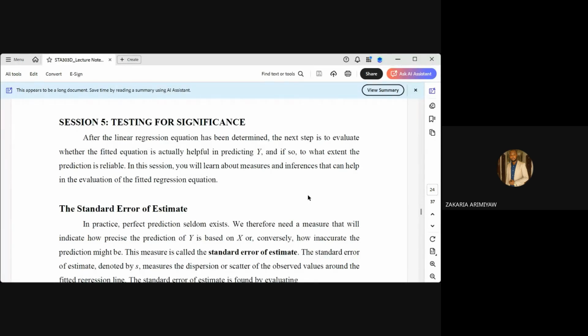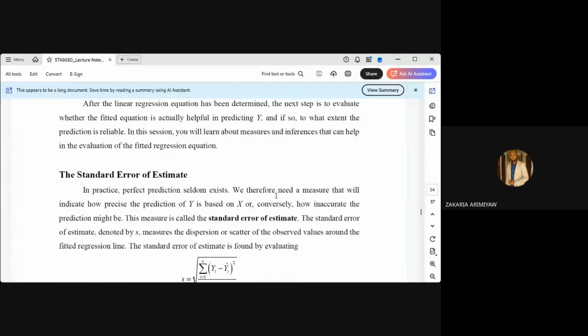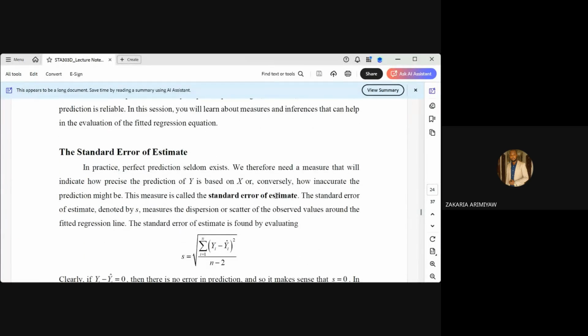Now, before we look at the specific procedure for the test for significance, we want to understand what you call the standard error of estimate. Here, as I indicated, it is a further step of checking the quality of the regression equation.